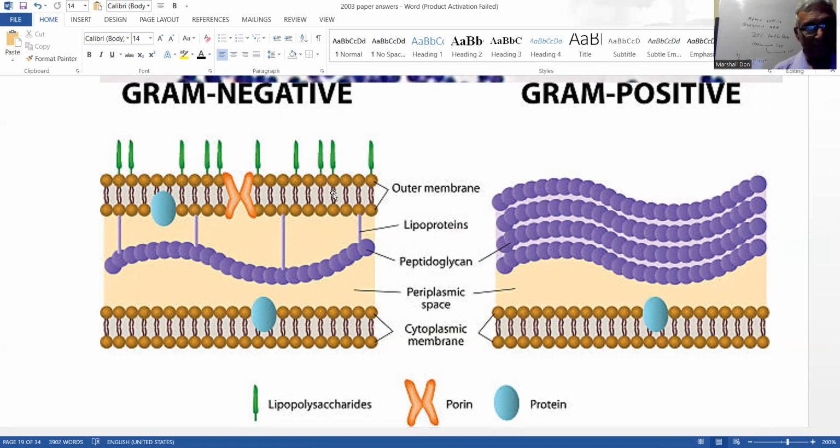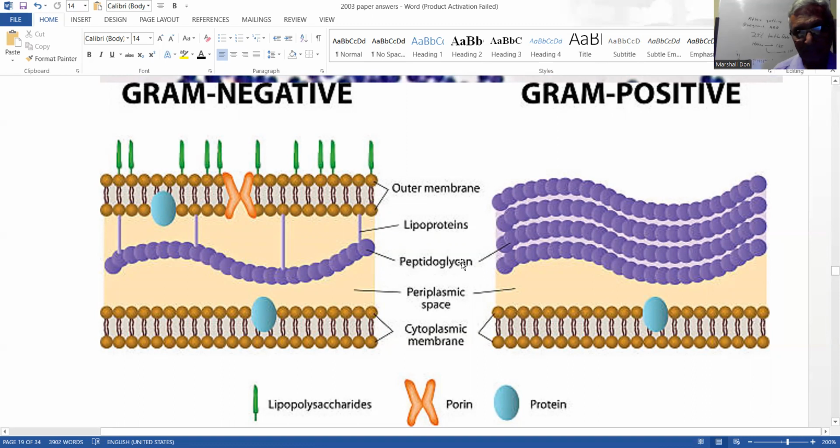What is the difference? Now when you take a cross section of the bacterial cell wall, the important part is this: it has a peptidoglycan layer. In gram positive bacteria, this peptidoglycan layer is very large, and in gram negative bacteria, it is only a small thin layer.